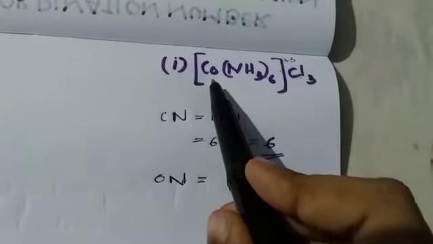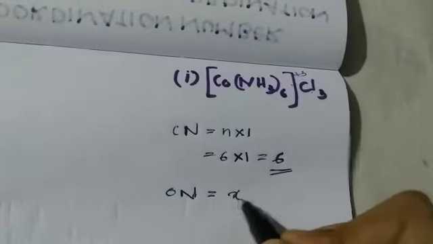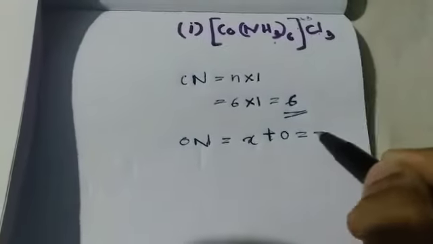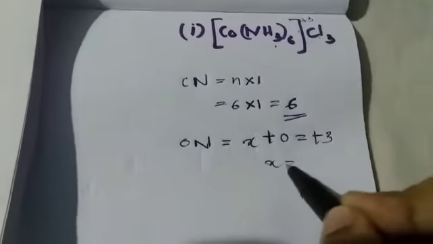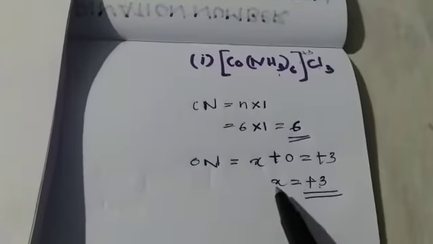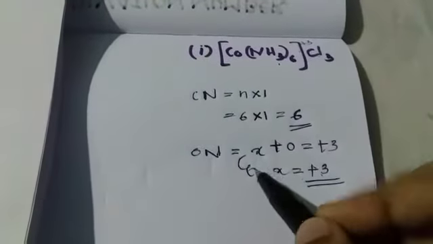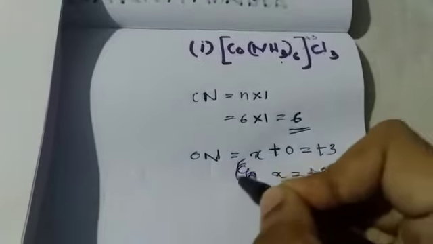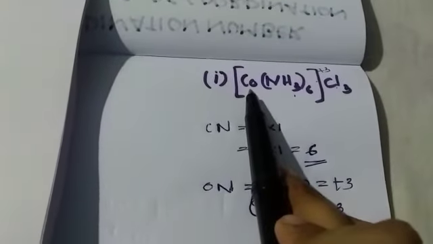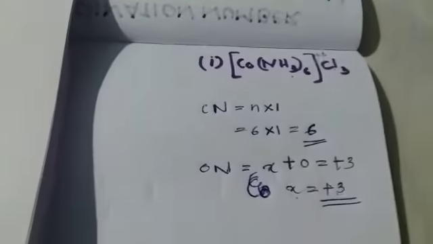We have to find the oxidation number of cobalt, that is X. NH3 is a neutral monodentate ligand. So X plus 0 is equal to plus 3, X is equal to plus 3. So the oxidation state of cobalt in this complex is plus 3.